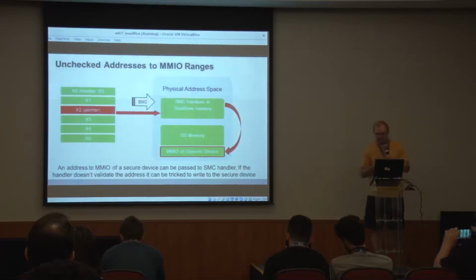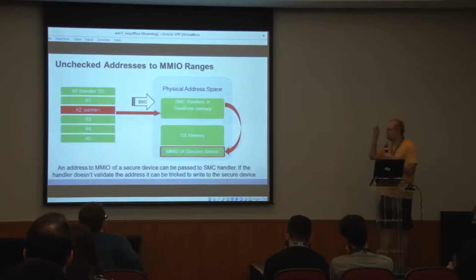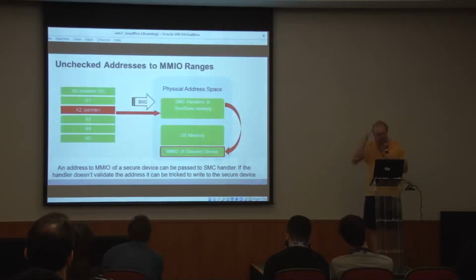Another vector which is also applicable just for ARM is a confused deputy attack, when you pass in the address of a trusted device in a general purpose register. As I already mentioned, there are two types of devices, trusted and untrusted. A trusted device is accessible just to the secure world or TrustZone. They're not accessible to the normal world.